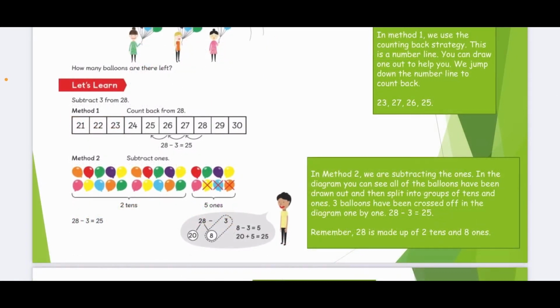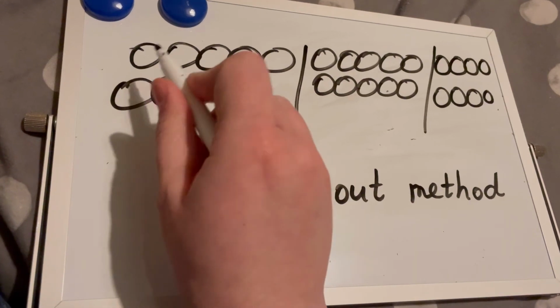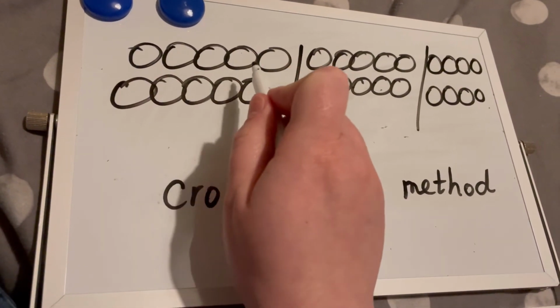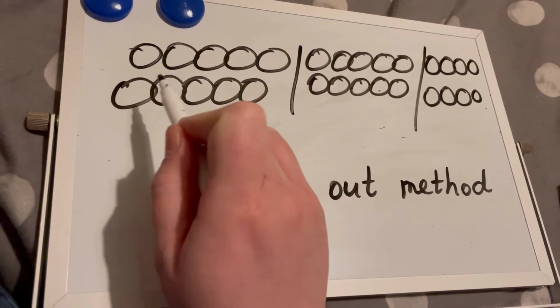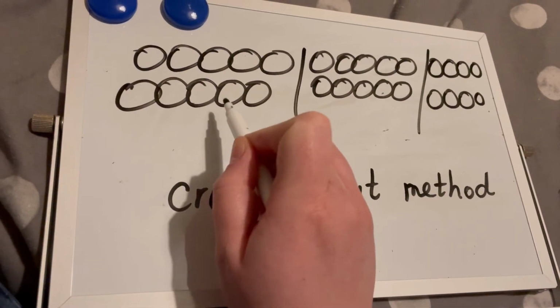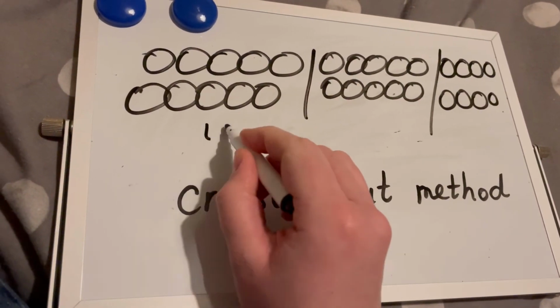In method 2, we are subtracting the ones. In the picture or the diagram, you can see all the balloons have been drawn out and then split into groups of 10s and 1s. So here on the whiteboard, I've drawn out some balloons. Now I've just drawn some circles to make it a little bit quicker and easier than drawing out all the balloons.